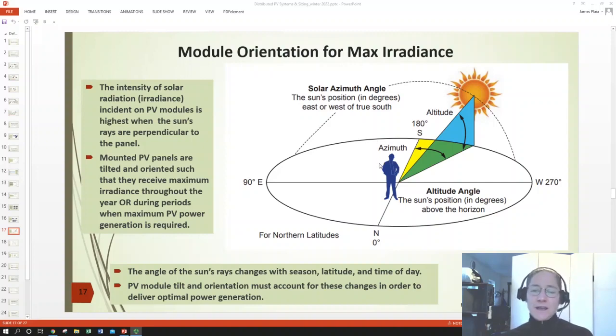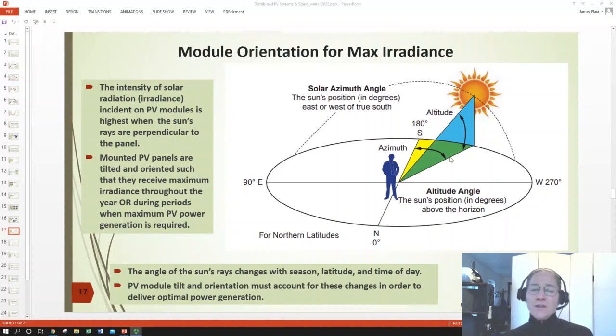So lucky for us, there are a lot of excellent databases that we can tap that are location specific, and we'll go over one here at the end of this lecture. But this is just a quick schematic to get an idea of words that are associated with which direction the sun's rays are coming from. The sun can appear to swing around the compass direction, east to west, south to north, and of course it will be higher or lower in the sky depending on the season and time of day.